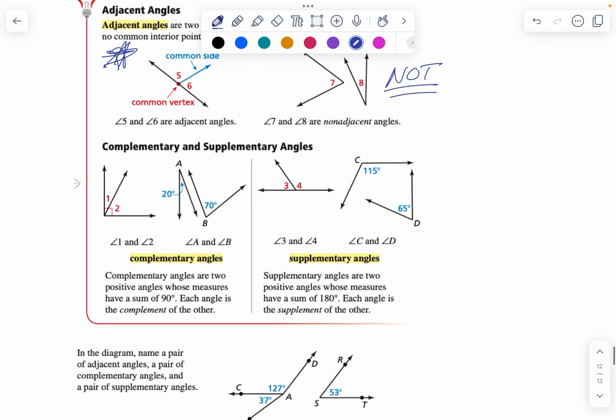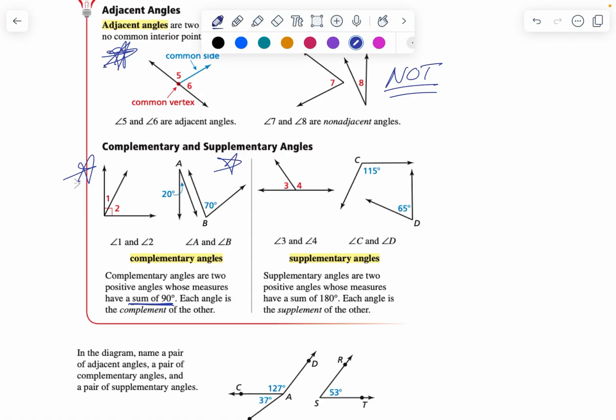Next, complementary and supplementary angles. Here's how I think you can remember. First of all, complementary angles are two angles who have a sum of 90 degrees. So they can be next to each other like this one, or they don't have to be next to each other like that one.